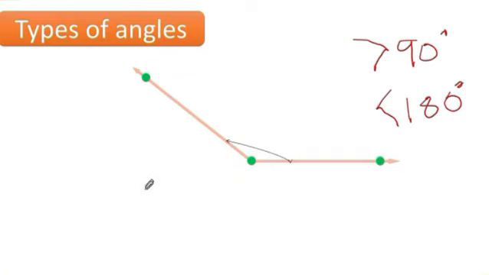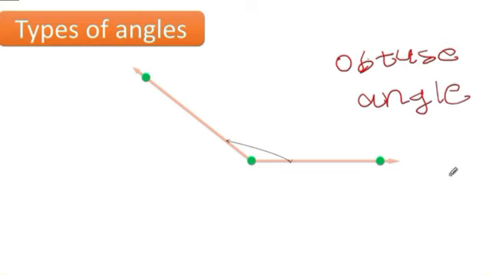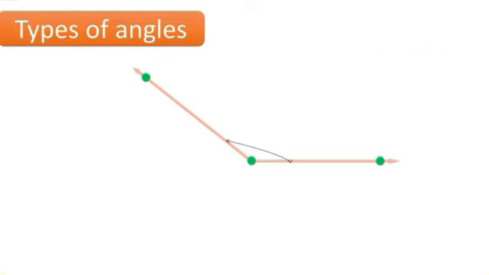Based on this we can group this angle into another type. This type of angle is called an obtuse angle. So these are the three types of angles.